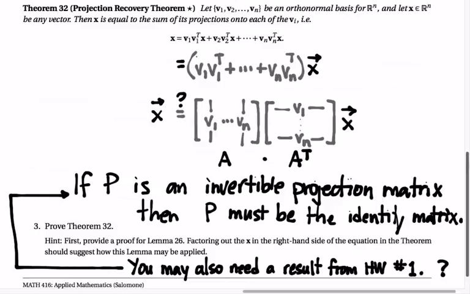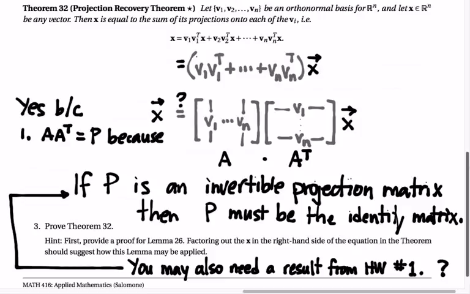Well, what do you see that's up here on the screen that could make that connection? A times A transpose should be the identity matrix. Well, why should we expect A times A transpose to be the identity matrix? Okay, so there's a couple things going on here. First of all, why is A times A transpose a projection matrix? A times A transpose is a projection matrix because, say again?